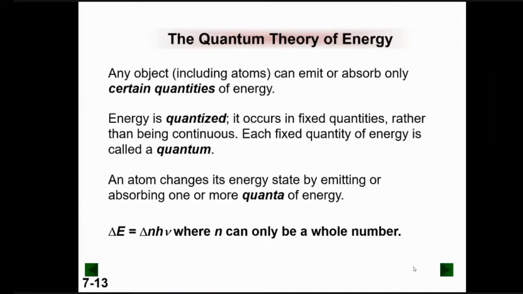There are blips inside there, missing pieces of it, right? And each little space between each blank space is called a quantum. It's the energy needed to go from one blank space to the other blank space. Okay? And again, now the n means something here, right? Because n stands for the energy level. It can only be a whole number. It starts at 1.